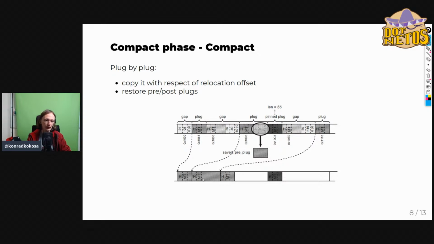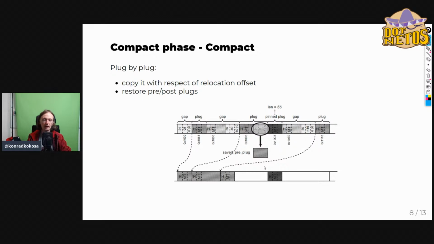So after this, we need to restore this data to the proper form of this object, to not destroy the data. So we need to restore all the pre and post plugs from the on-the-side collection.